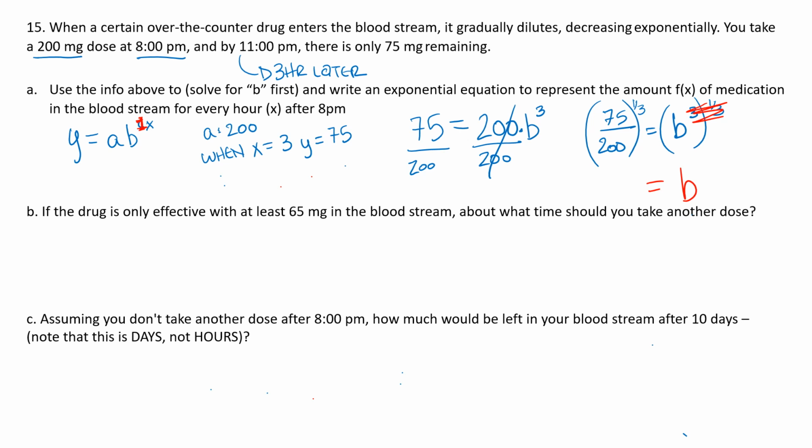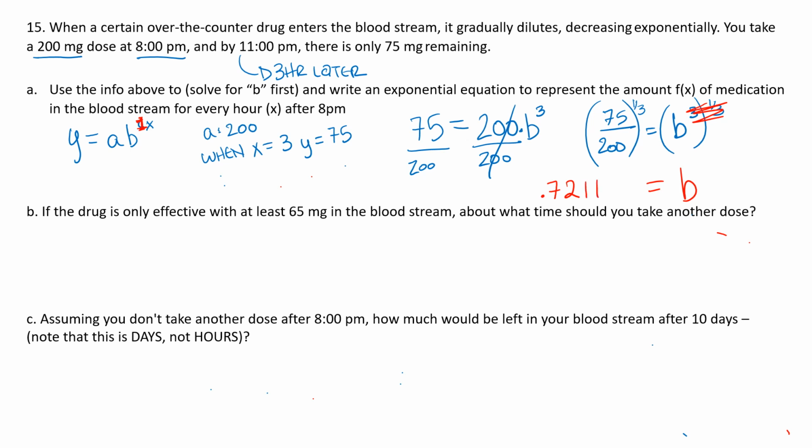And then again, if you have an older calculator, you're going to have to type in the 1/3 in the exponent. That should also be in parentheses. But I am getting b is equal to 0.7211247852. We're going to do 4 decimals, so 0.7211. That's what we'll go with.